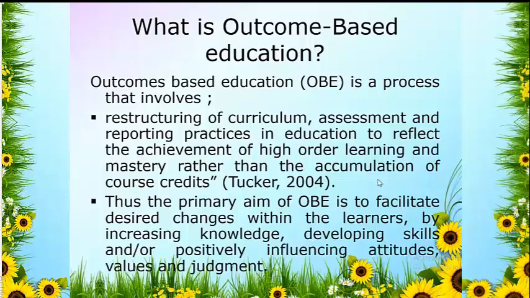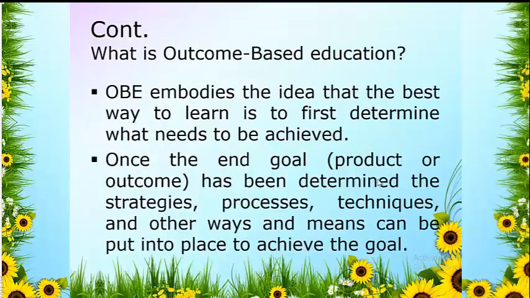Thus, the primary aim of OBE is to facilitate desired changes within the learners by increasing knowledge, developing skills, and/or possibly influencing attitudes, values, and judgment. Outcome-based education embodies the idea that the best way to learn is to first determine what needs to be achieved.